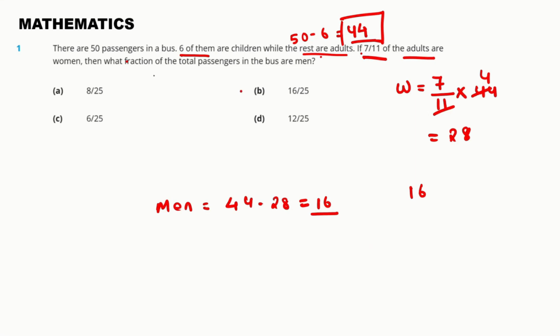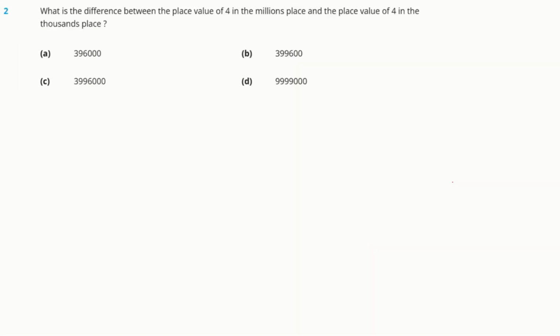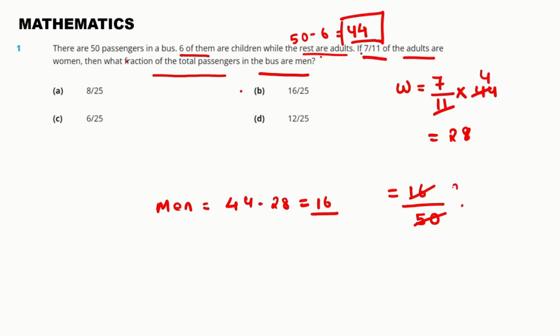We have to find the fraction of the total passengers being men. So 16 would be our numerator, and the denominator would be the total number of passengers, which is 50. This can be further simplified if both are divided by 2. That gives me 8 upon 25. So that's our fraction, option A being our answer.